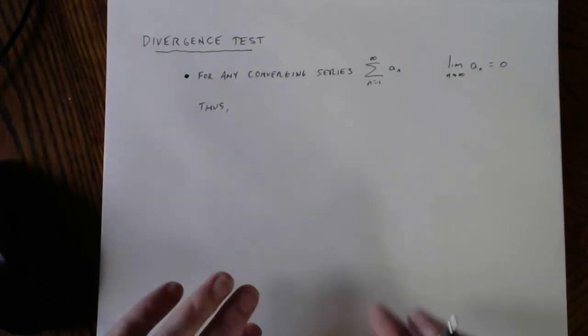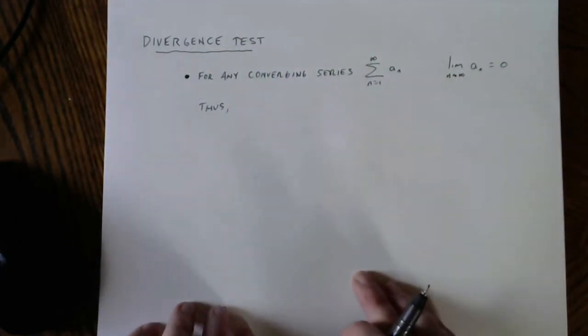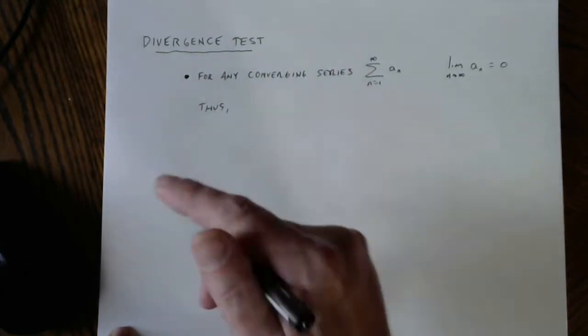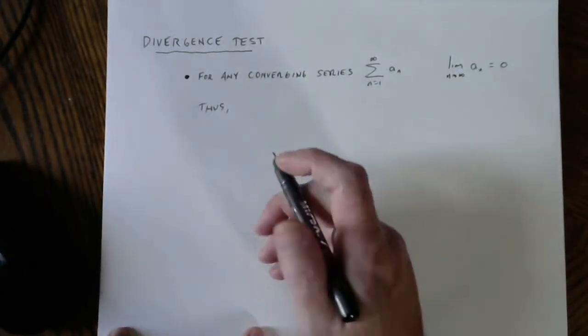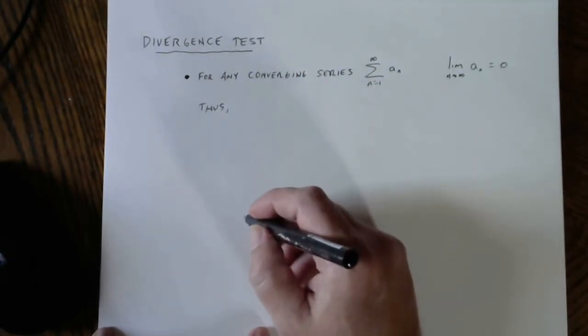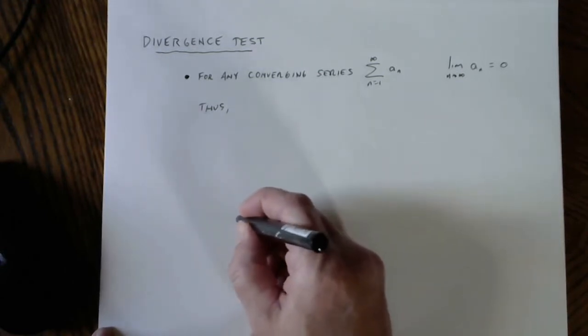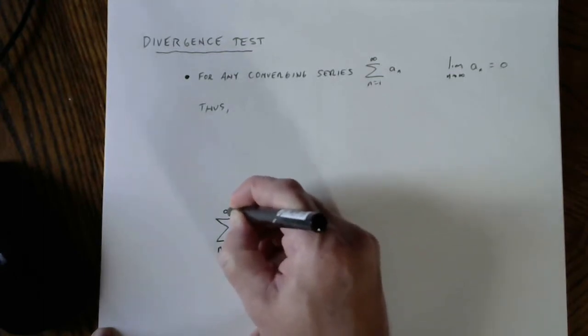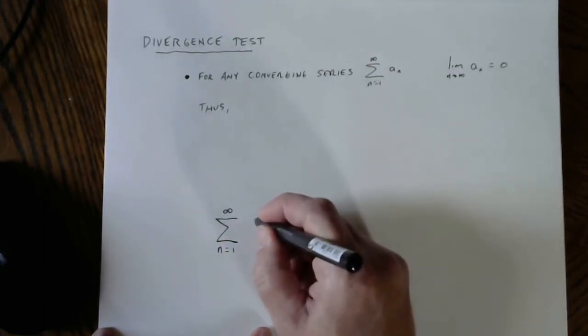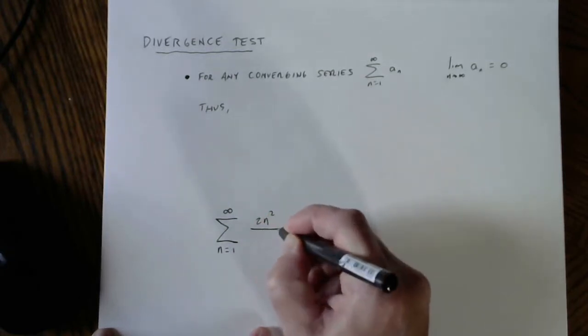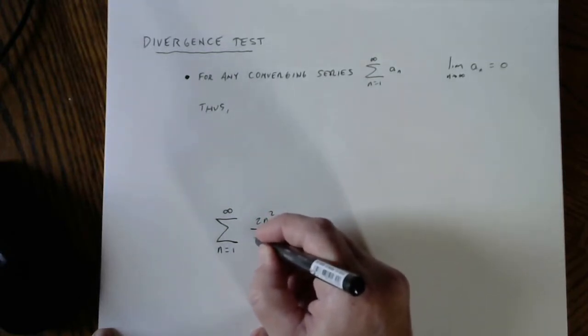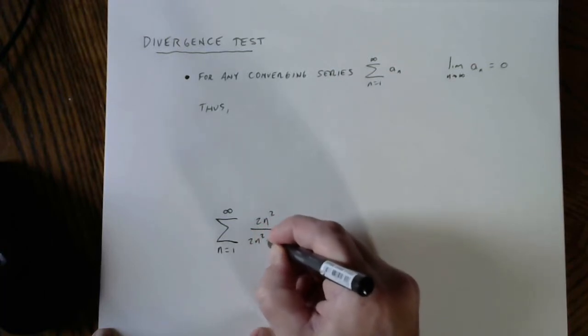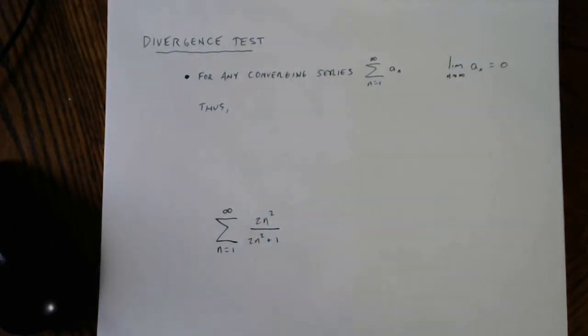Just to illustrate why this works, and don't feel compelled to write this down, but I think it illustrates how the test works. Let's use this example: 2n squared over 2n squared plus 1.